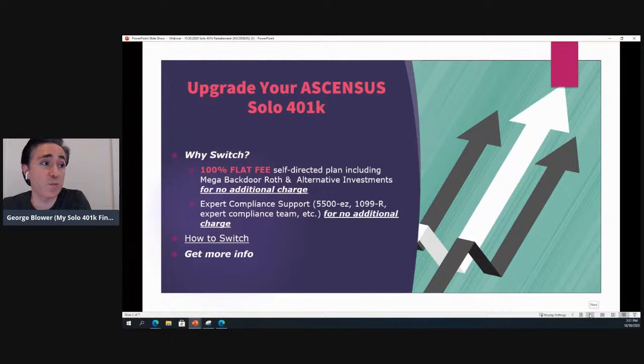The expert compliance support, whether that's tax filings or forms such as a Form 5500 EZ or a 1099-R, again, for no additional charge. We'll also talk about the mechanics of how to switch and some good practical considerations, and then how to get more information about your situation.